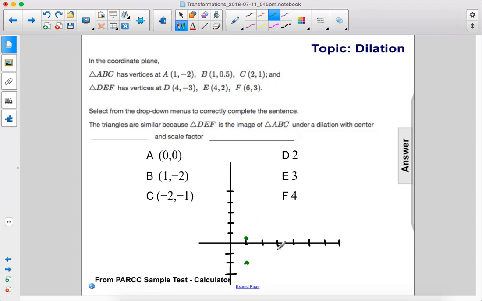And (2, 1), here. So we have our triangle that looks like this. And the next triangle is (4, -3), (4, 2), and (6, 3). So up here. So there's DEF.